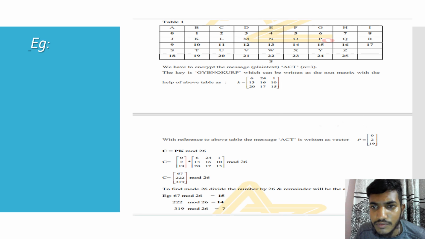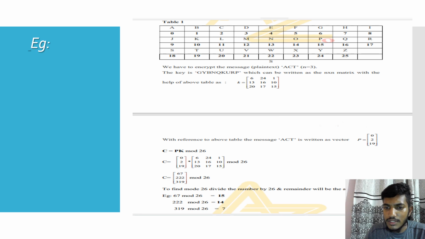So G is 6 and Y is 24 and B is 1. So we are writing the matrix like that only. K is equal to the values they have given for the alphabet, so we are converting that into a matrix.